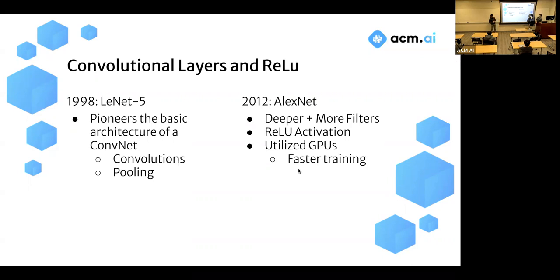And then the next one is AlexNet, developed in 2012, and it's a revolutionary architecture because, well, we'll talk about this more later, but what you need to know now is that it has deeper and more filters in the convolutional layers, and also features the ReLU activation function, as opposed to tanh or sigmoid functions that were previously more popular.